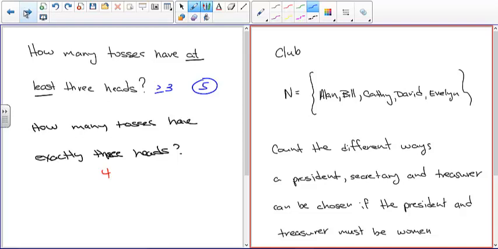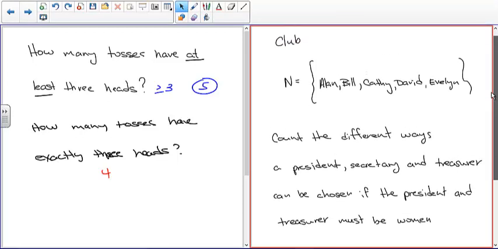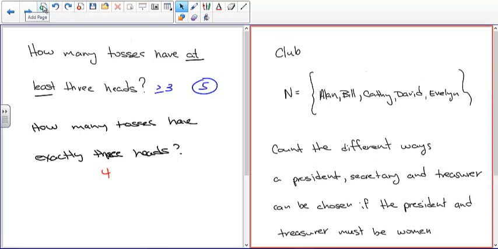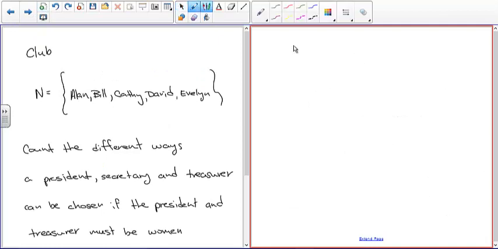Okay, so we're going to do the same thing here with a club. This is going to be using a tree diagram. Count the different ways a president, secretary, and treasurer can be chosen if the president and treasurer must be women. Okay. So it's a 3-step process. President. Choose a president.